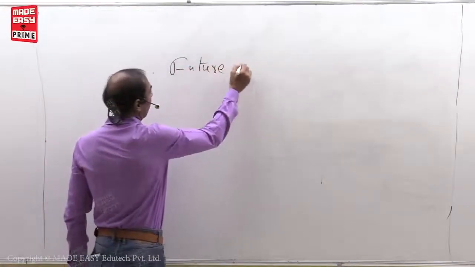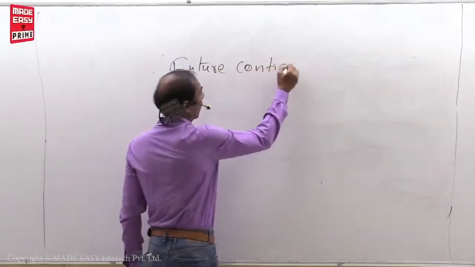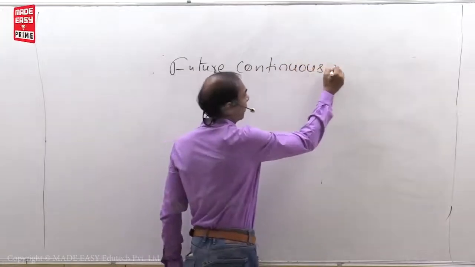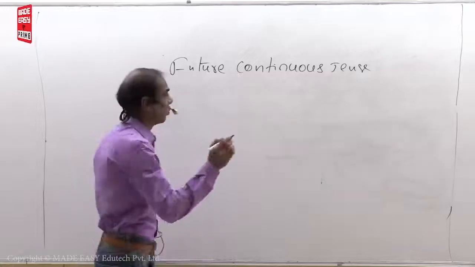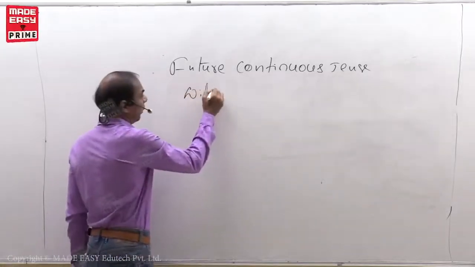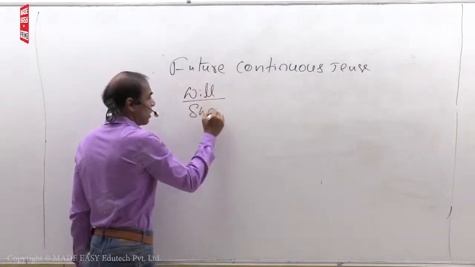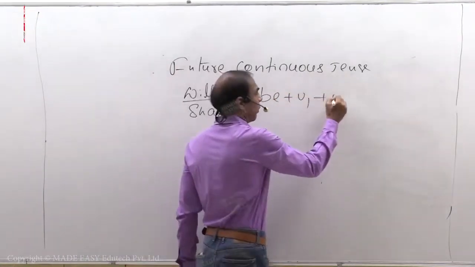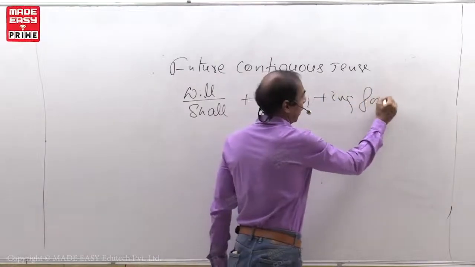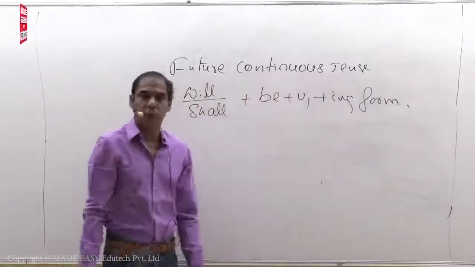Next, future continuous tense. What is the formula? Will or shall plus be plus V1 plus ing form.